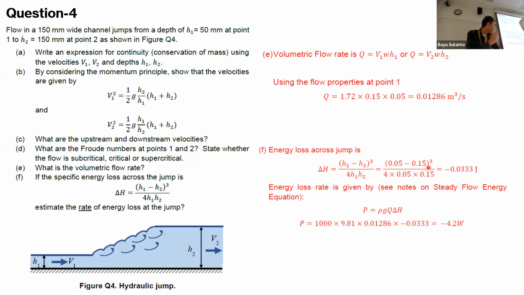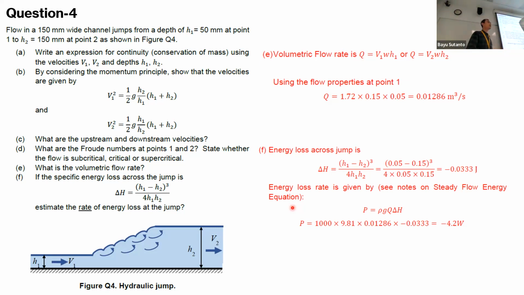Sorry. Cubic meters, and we multiply with rho g Q delta H to get the energy losses, because the losses is the loss of the energy in our systems. Where did you get E equal rho g Q delta H from? Oh, this one. Yes. This is the same as in question 1.